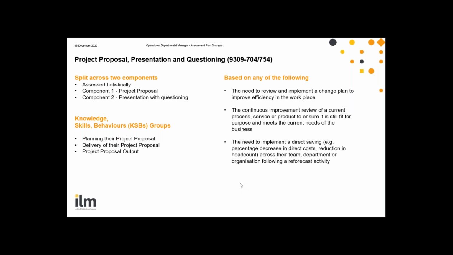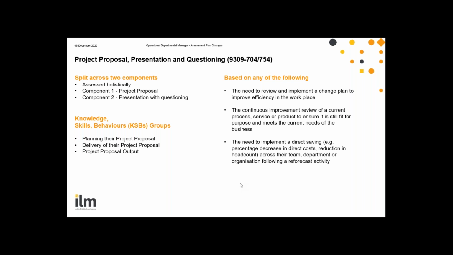In terms of the project proposal subject, title, and scope, there are some examples of titles and scope that can be covered by the proposal, which are listed in the assessment plan. Again, it's not an exhaustive list, but it could be, for instance, linked to the need to review and implement a change plan to improve efficiency in the workplace.